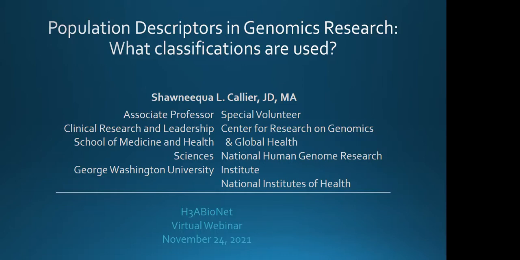On several occasions in the past, Professor Callier taught genetics and the law as an adjunct professor at the George Washington Law Faculty. Prior to joining the George Washington University faculty, Professor Callier completed a postdoctoral fellowship at the Center for Genetic Research Ethics and Law, an interdisciplinary center of excellence funded by the National Human Genome Research Institute, and located in the Bioethics Department of Case Western Reserve University's School of Medicine.